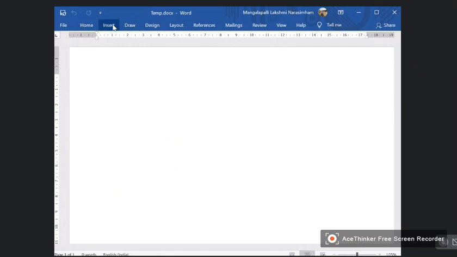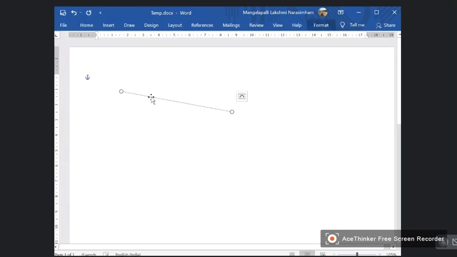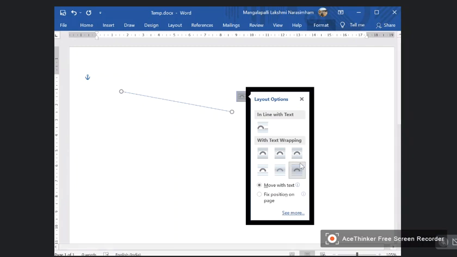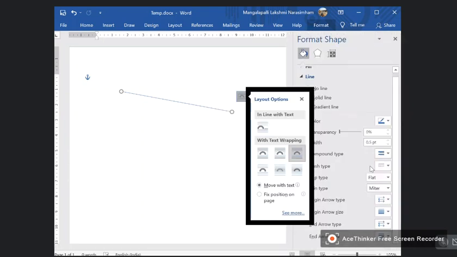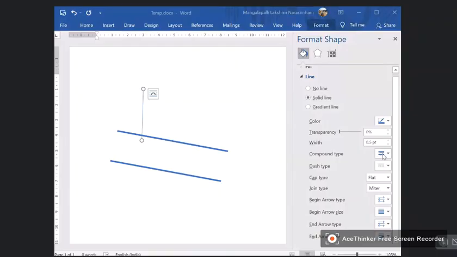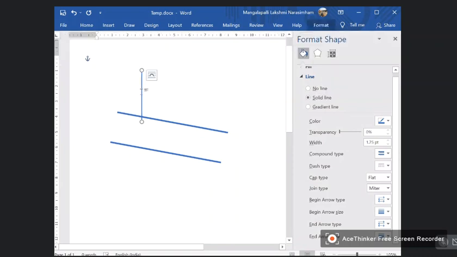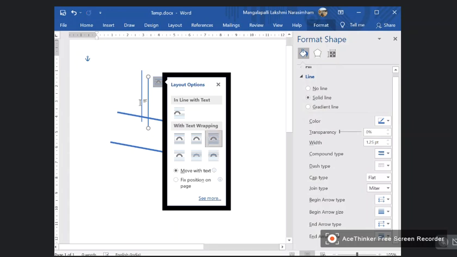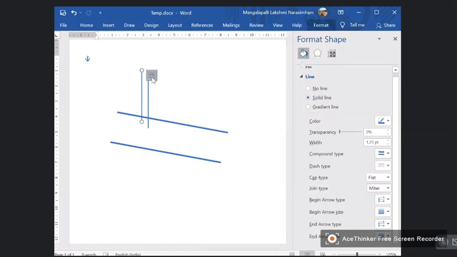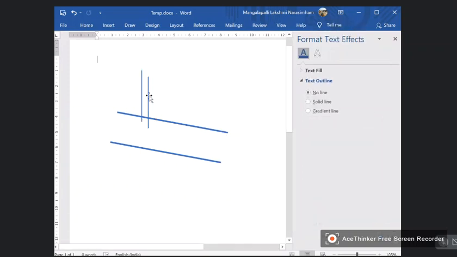suppose there is a pipe. I have introduced, say for example, a piezometer tube here.